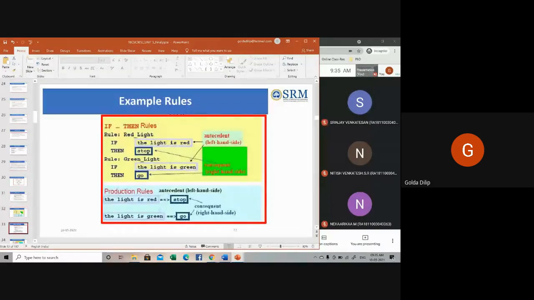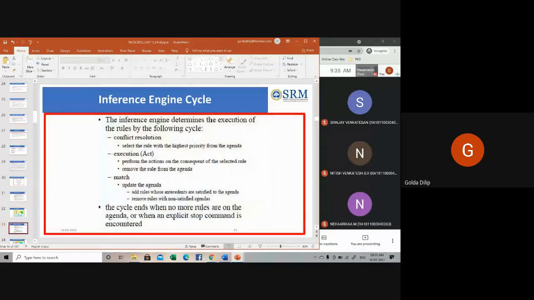Fine. Then coming to the inference engine cycle. I think this is where we stopped. In the inference engine, there are three things being done: conflict resolution, then execution, that is action, and then matching, that is updating the agenda.